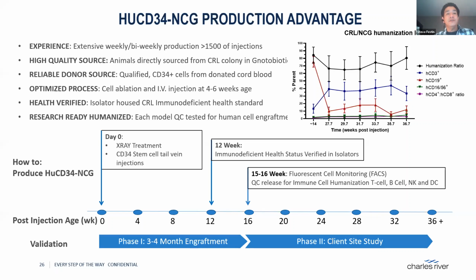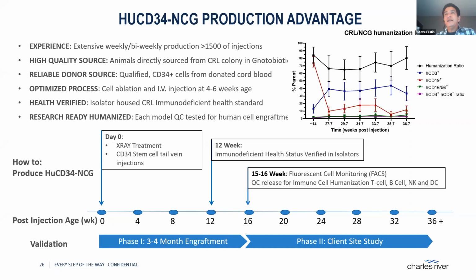We submit animals to what we call our HM lab. They do a full workup on that, and animals will not be released from these isolators until they pass essentially the same level of health status as the original NCGs. So we're very careful during the process to limit the exposure to any possible pathogens.